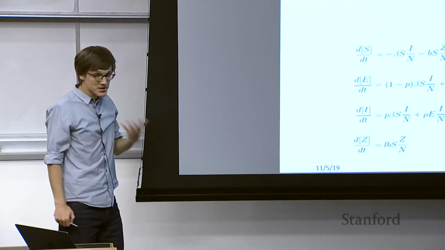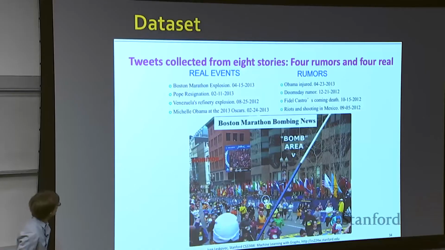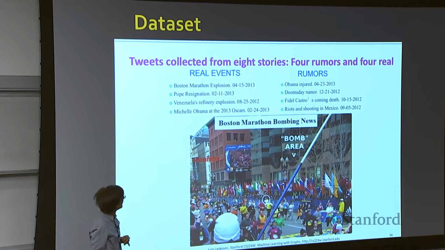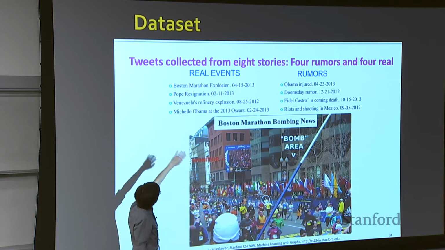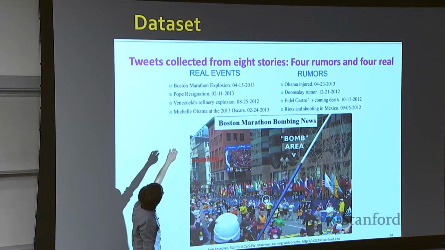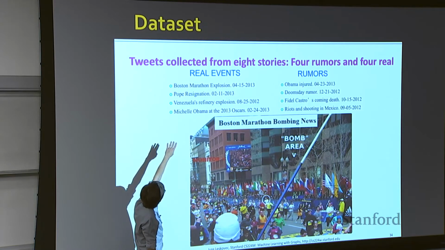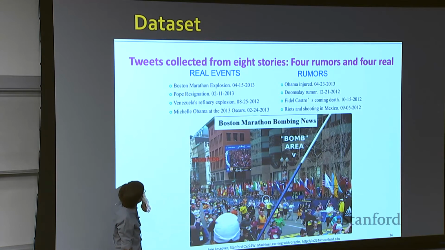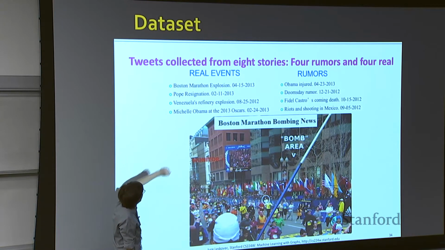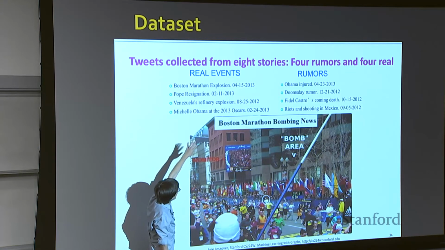Okay? And just as a case study of this model, what did they do? They took 8 different events from Twitter. The real events were the Boston Marathon explosions, the resignation of the previous pope, some explosion in an oil plant in Venezuela, and something about Michelle Obama at the Oscars.